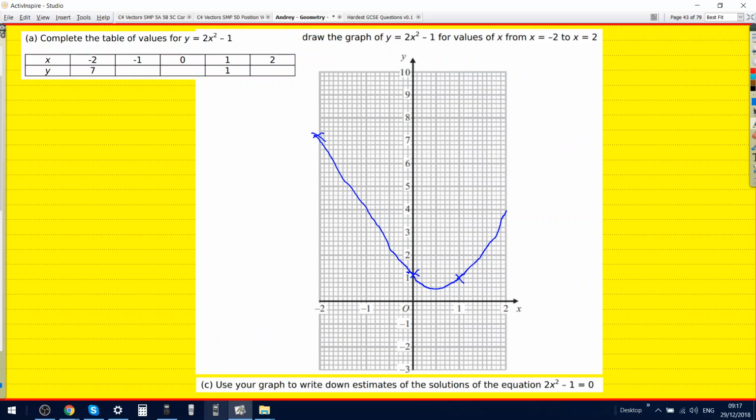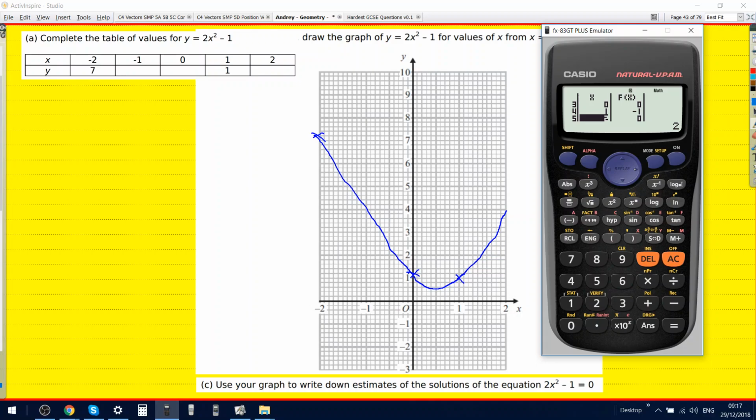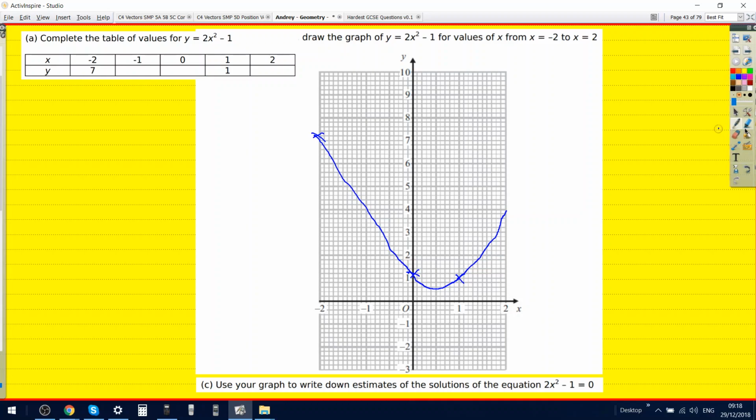Do I just find... Hang on, I didn't draw that correctly at all. So minus 1, 0, 0 minus 1, of course. Yeah, go on. What do you do with this one?